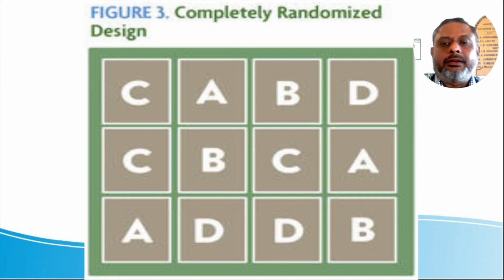So it may be simply shown as this figure. So here we are talking about A, B, C, and D, four types of treatments, and they are just randomly put across the 4 by 3 blocks of the land. So 4 by 3 plots of the block.